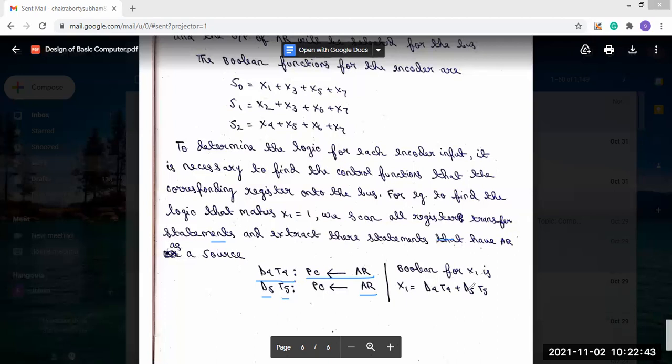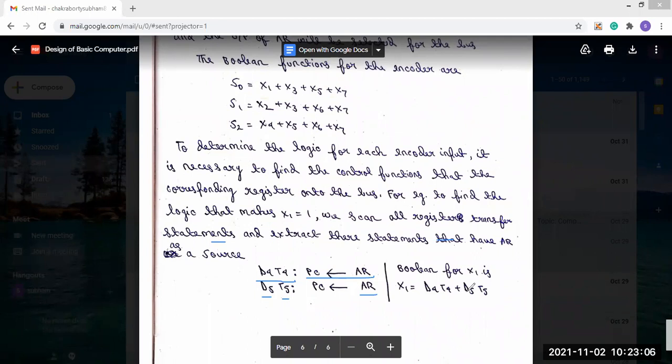We have seen that the outputs of the control logic circuit are these five signals to control. First, signals to control the input of the registers. Second, the signals to control the read and write of the memory.